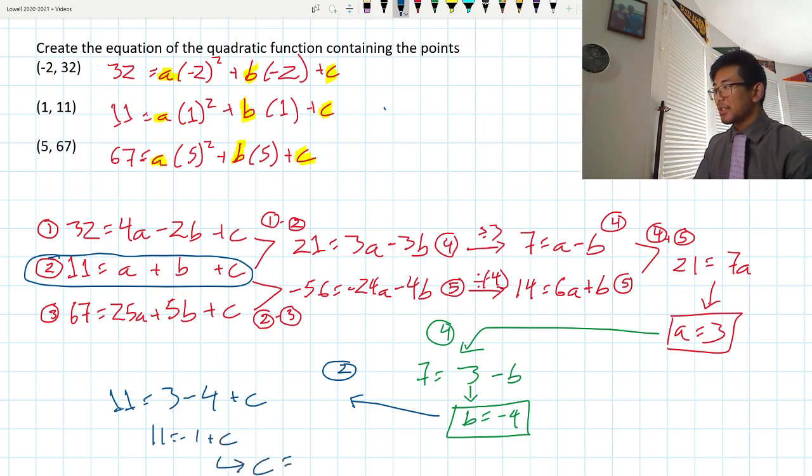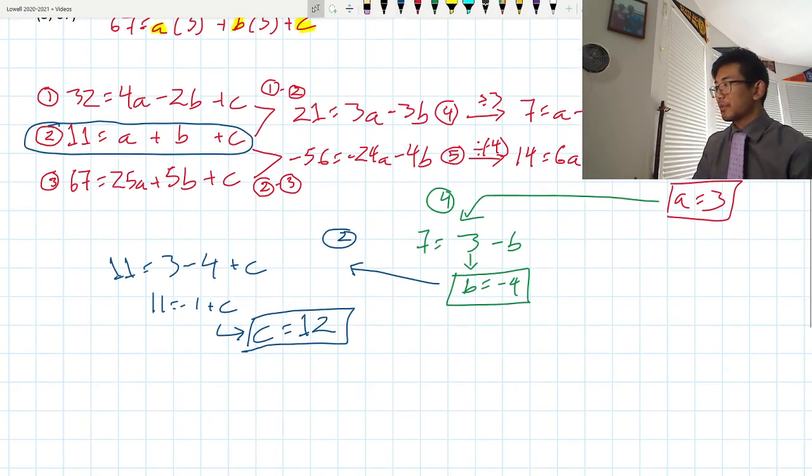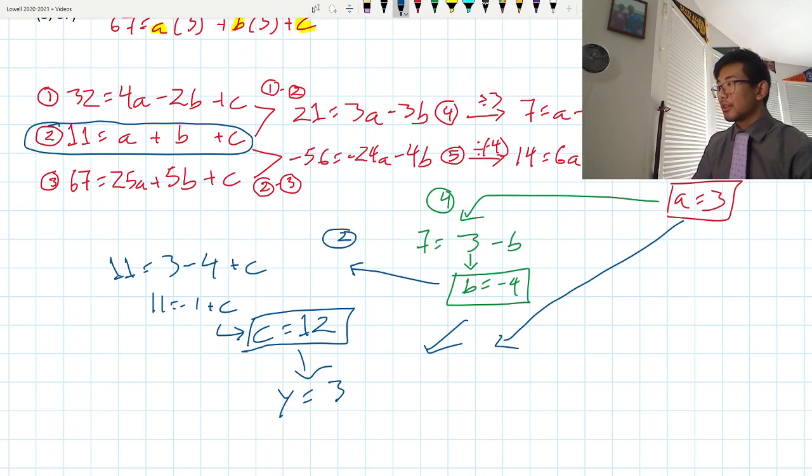And so that would mean c equals 12. And so our equation of our quadratic containing these points is, if we could put all the pieces together, y equals 3x squared minus 4b plus 12.